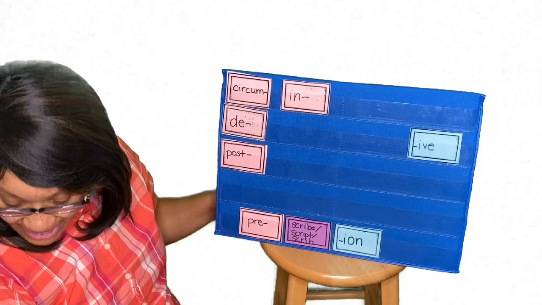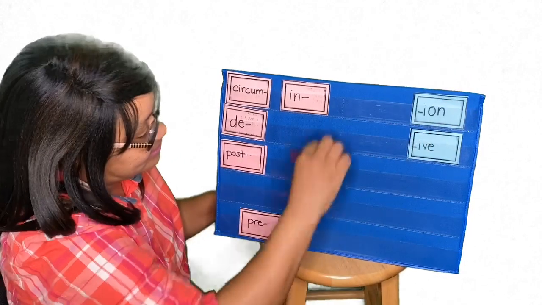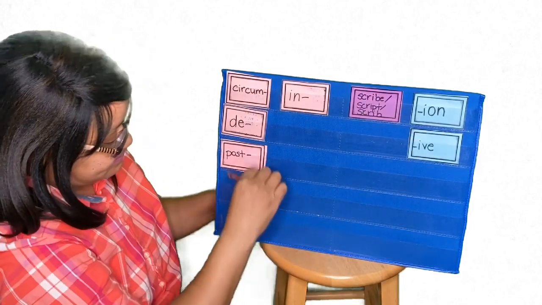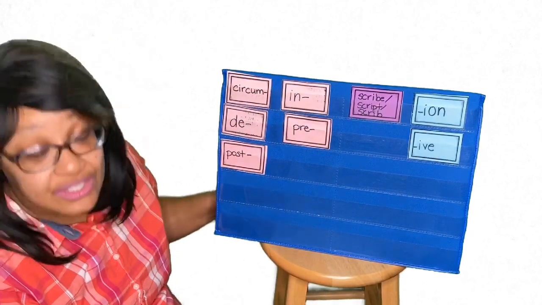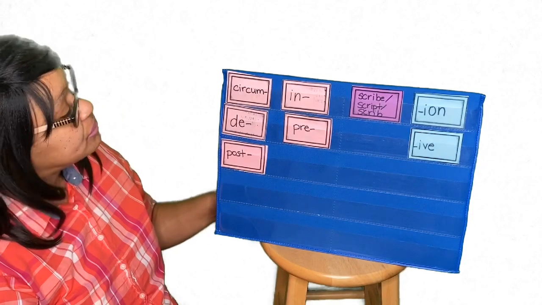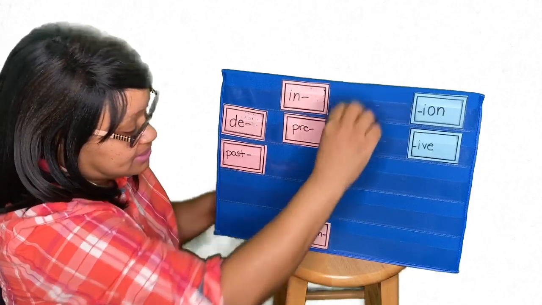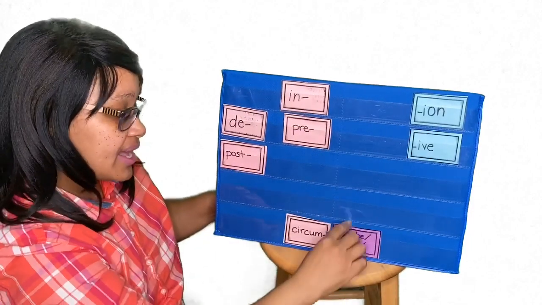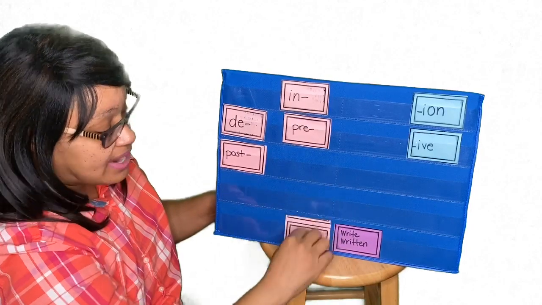Okay, now let's try one more. Let's try circumscribe. Circumscribe. To write or written around.